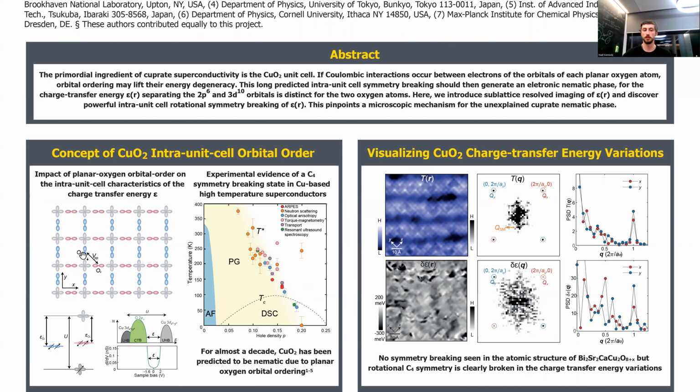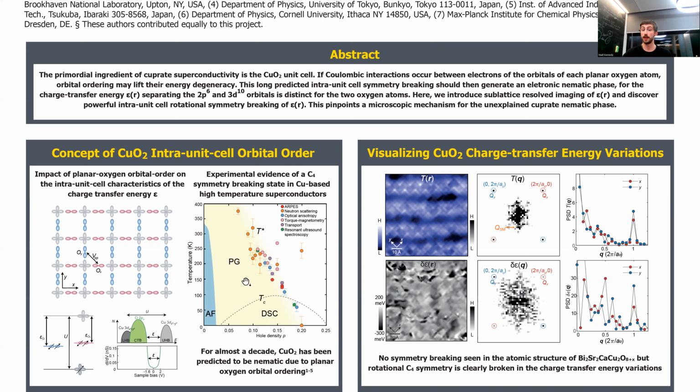So between nearest neighbors, if you introduce a Vpp term, a Coulombic interaction between these two, into the 3-band Emery model, many theoretical predictions will show that this will create a nematic phase and lift the energy degeneracy. And how this would look would be that you would have a charge transfer energy on the Ox side, which would be different to the charge transfer energy on the Oy side.